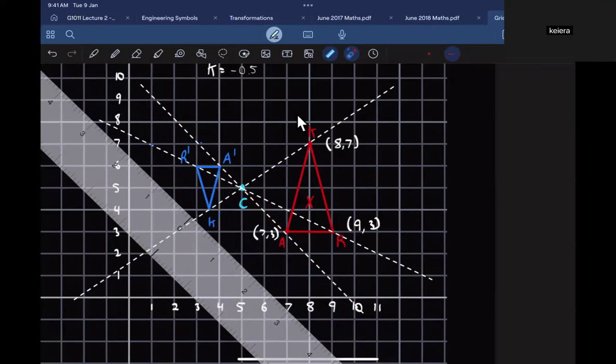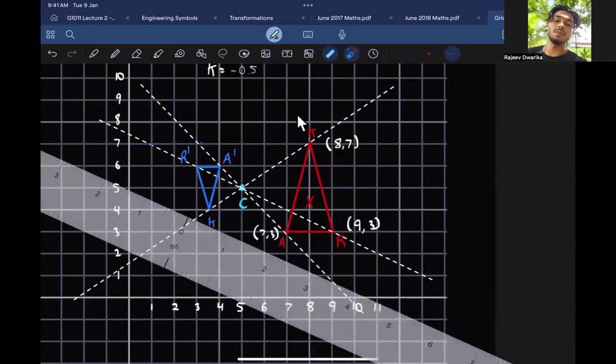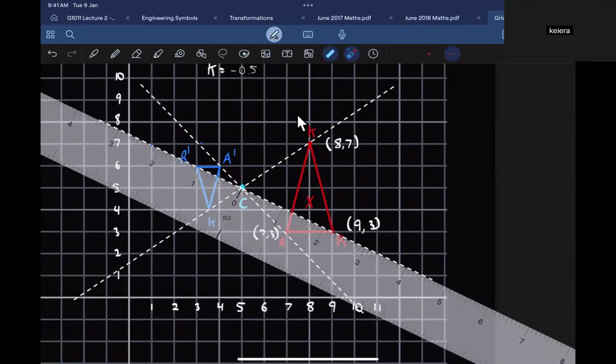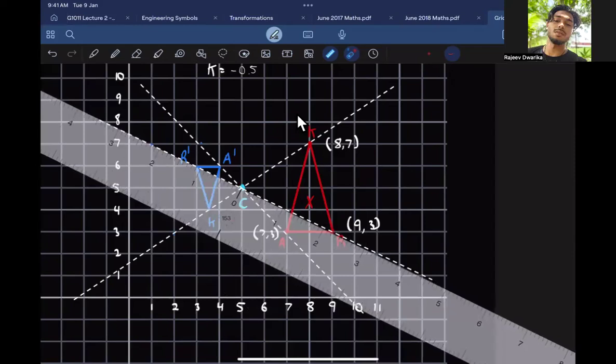So if I take the measurement from C to R, it will be how much? 2.2. Right? So the distance from C to R prime is 2.2 divided by a half, because a half was the scale factor.